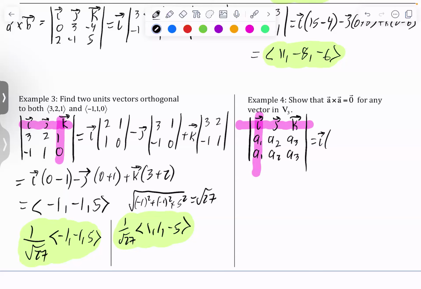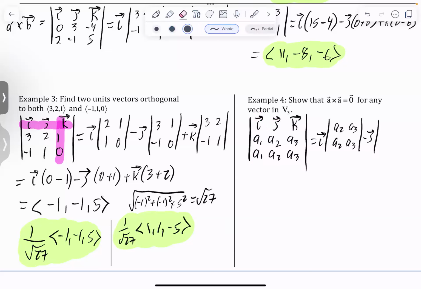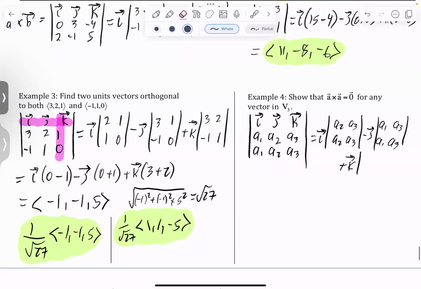So this is going to be A sub 2, A sub 3, A sub 2, A sub 3, minus vector J, A sub 1, A sub 3, A sub 1, A sub 3, plus vector K, and for vector K, I'm left here and here. So A sub 1, A sub 2, A sub 1, A sub 2.